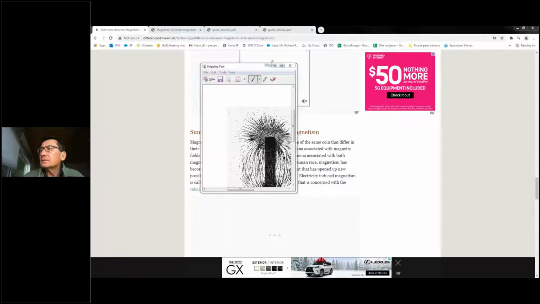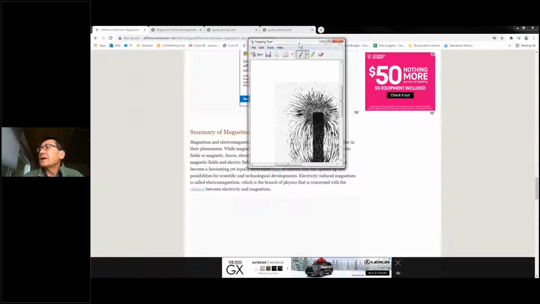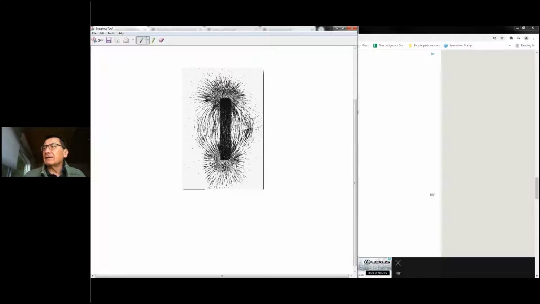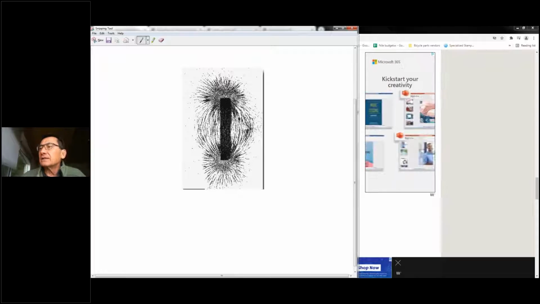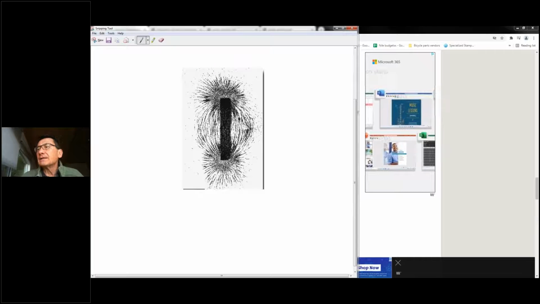So this is the picture of the electromagnet, and of the magnet, not an electromagnet. And what you can see here is a rectangular magnet. At the top, let's call that arbitrarily the north, and the bottom is the south pole of the magnet.